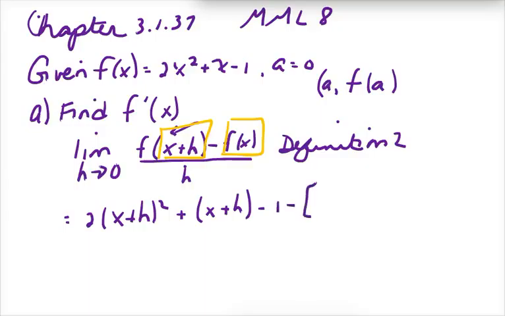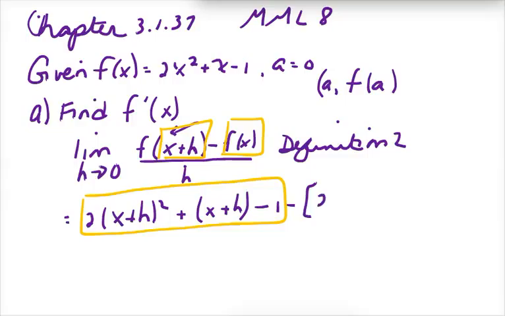Okay, so that's your f of x plus h right here, minus f of x, and f of x is the given function, 2x squared plus x minus 1, all over h.